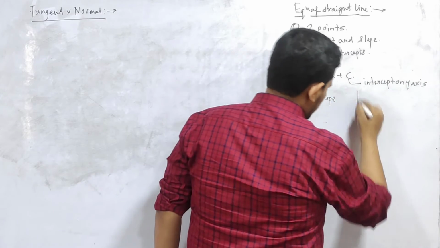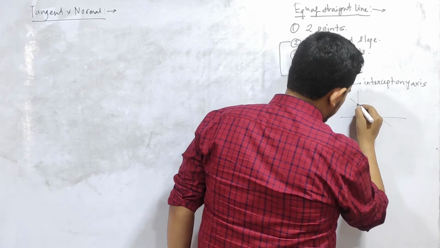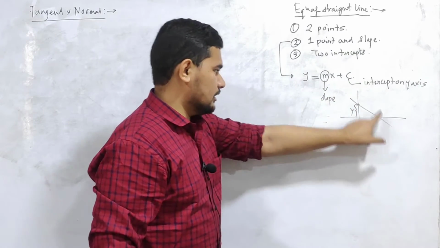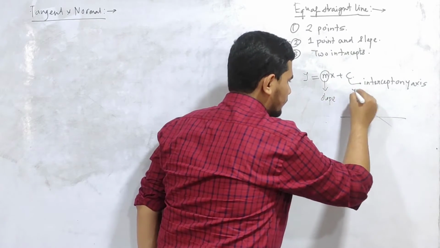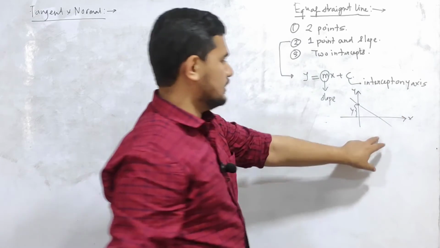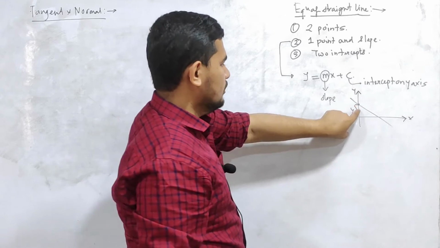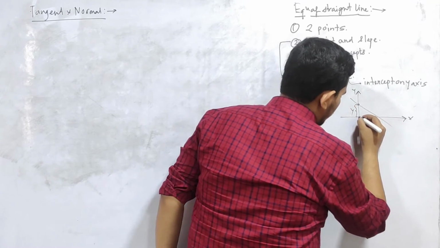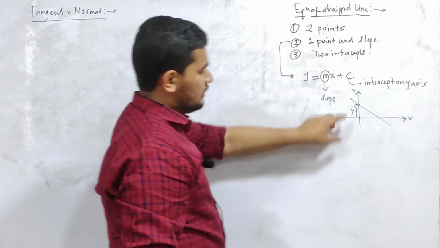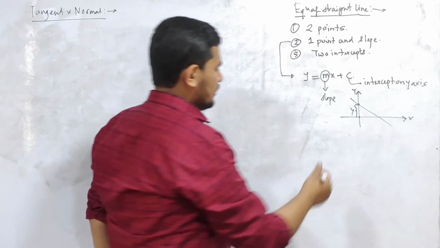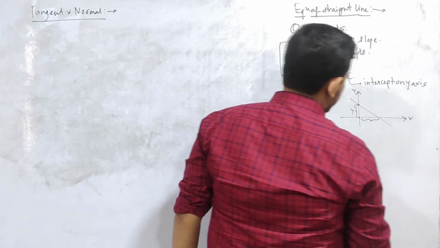What is an intercept? The intercept is nothing but this dimension. This is a line, this is the y-axis and this is the x-axis. This line is cutting the y-axis at this point, so the distance of this point from the origin gives us the intercept on the y-axis. Similarly we can have the x-intercept also.